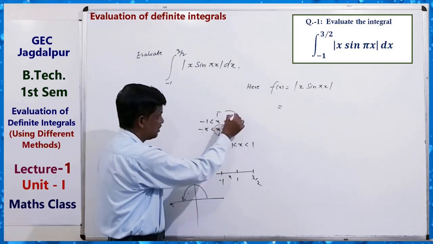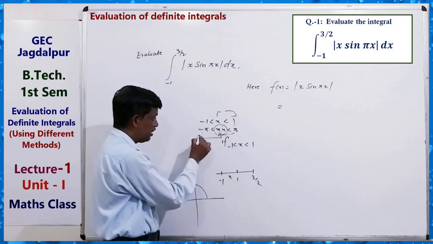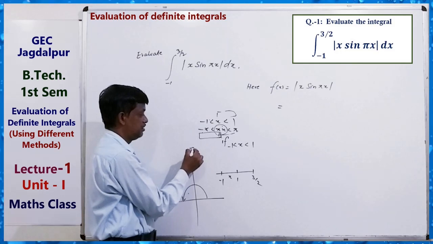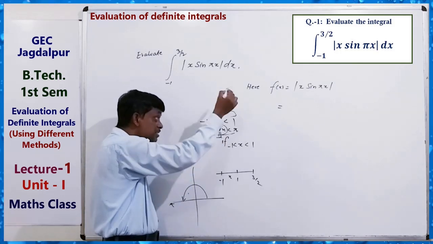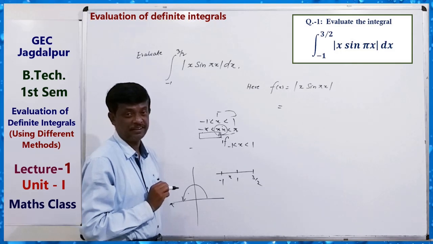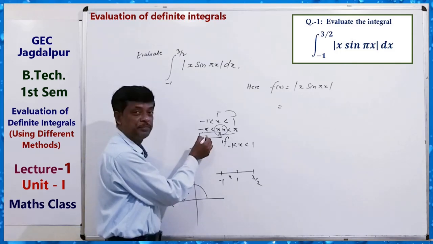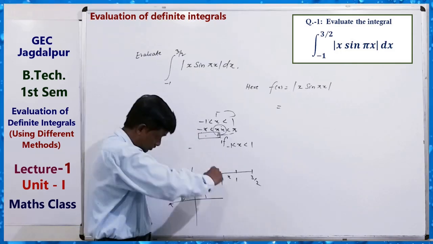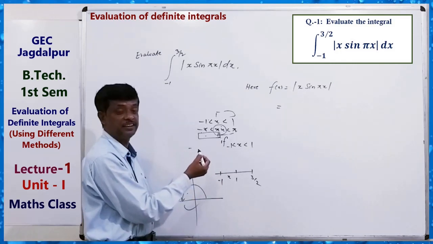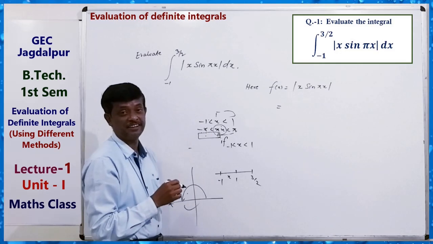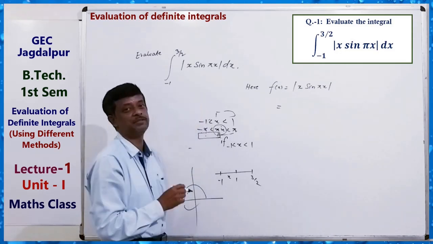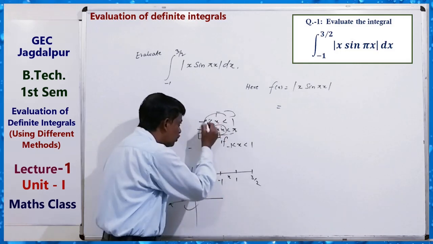In this part, x is negative and sin pi x is also negative. Minus pi to 0, in the opposite direction. So here sine is negative and x is also negative, so positive.